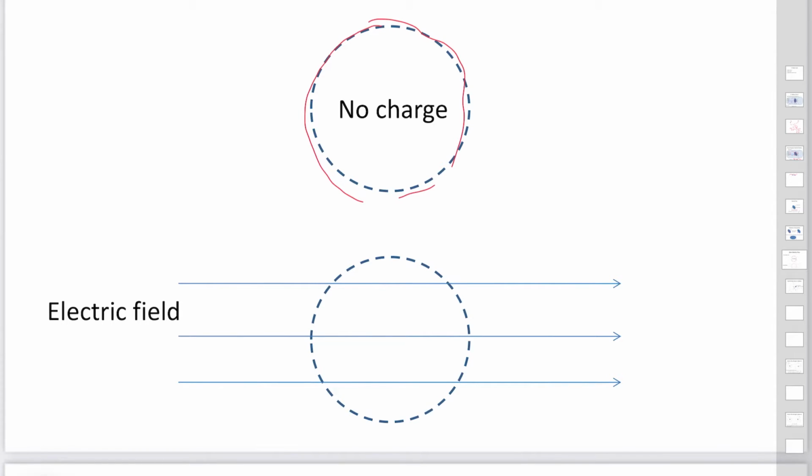And if you consider a uniform electric field, this electric field is uniform.